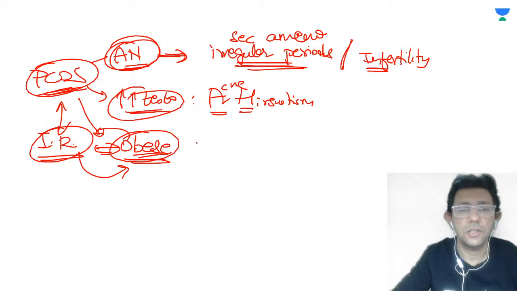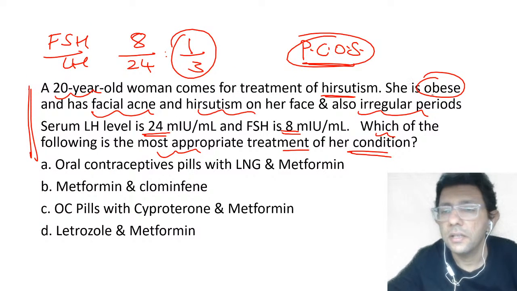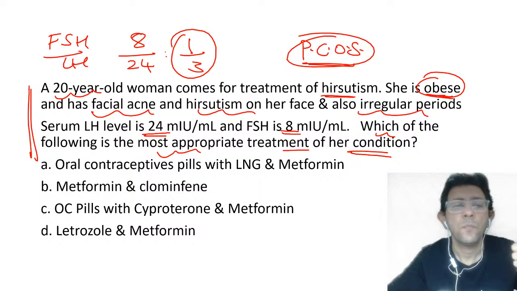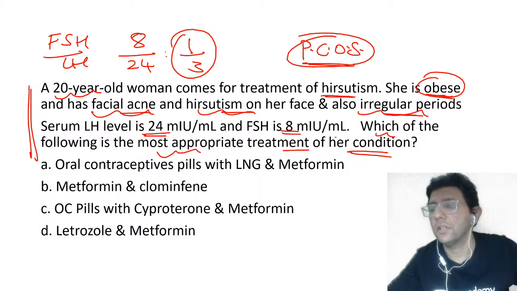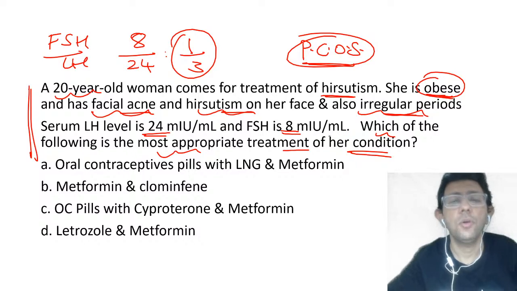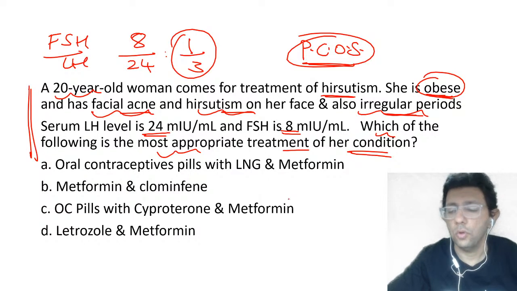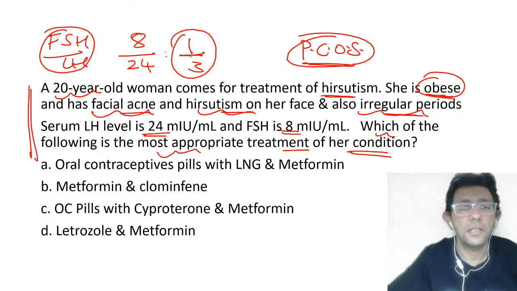So it is crystal clear, yes sir, there is obesity in the question, acne, hirsutism, irregular periods. All the clinical features point to PCOS. And also the FSH to LH ratio in this condition is 1:3 as per the question, 8 and 24.